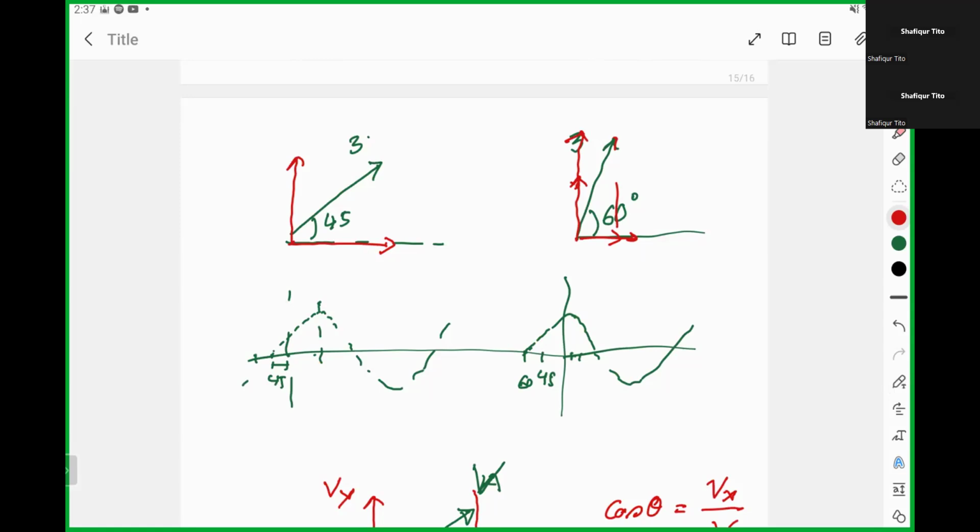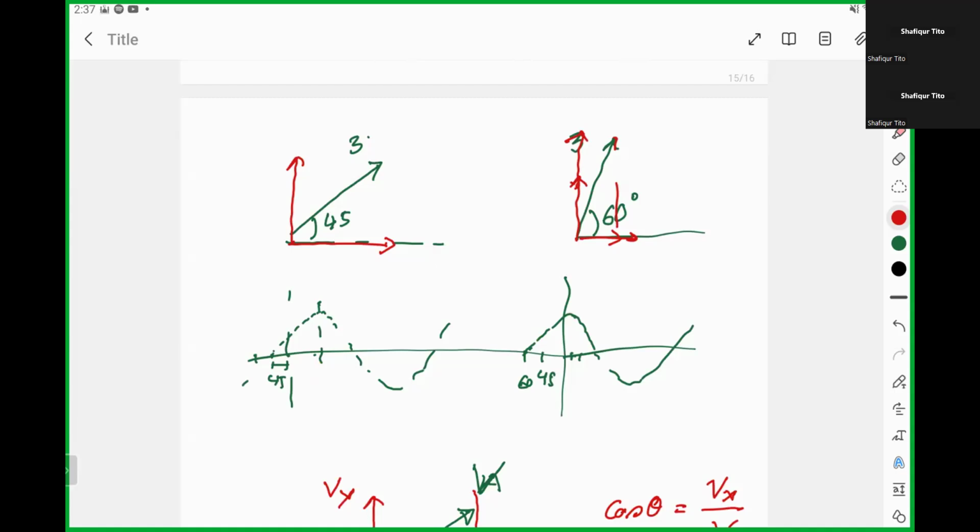Previously, we could not add these two because they were making two different angles. But now, when I have made two components, this red one is making the same angle of 90 degrees, right? So similar components I can add together.